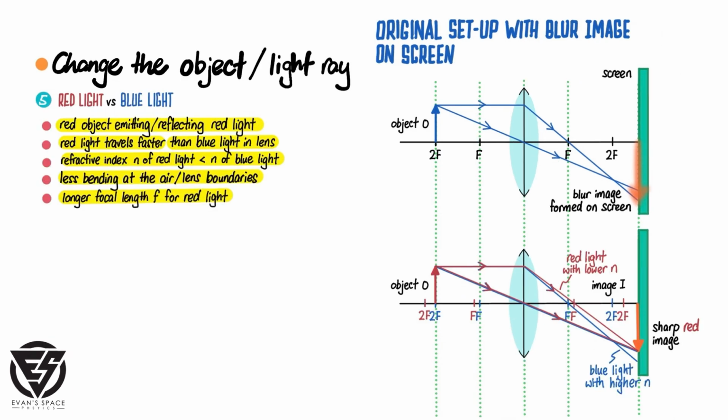Now let's go through the last way, which is to change the object or the light ray. The concept of blue light and red light, how each will be refracted when it enters into the glass, will be tested in O-level, so it's good to know this.